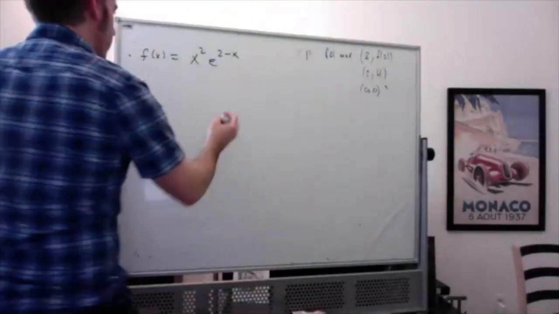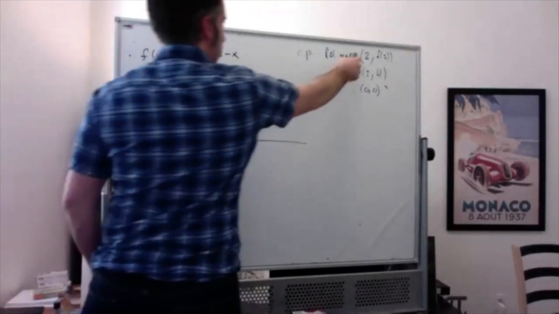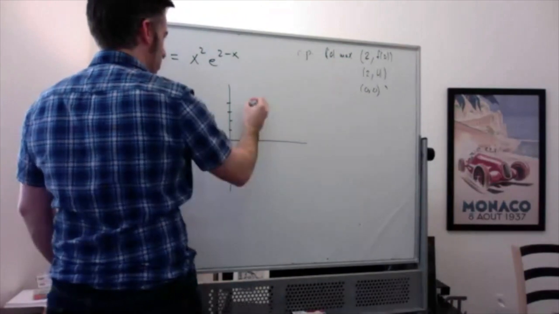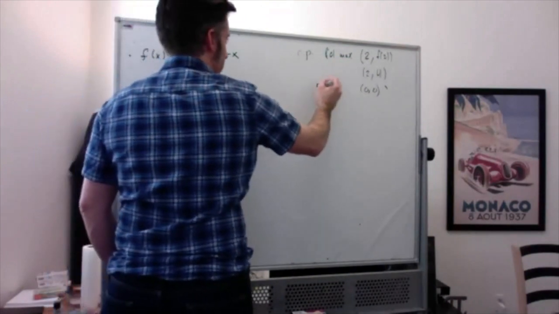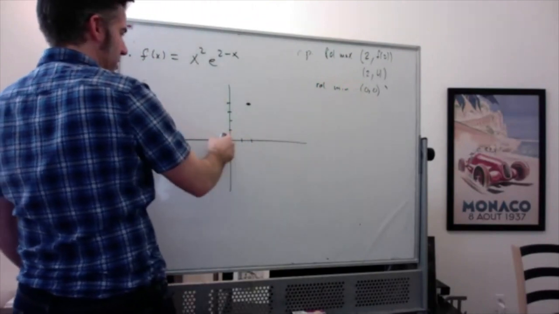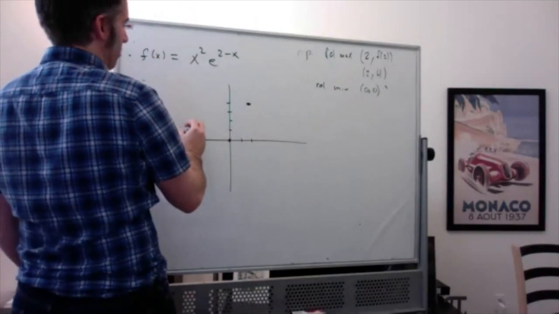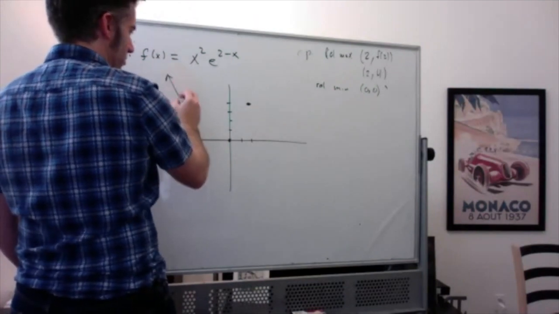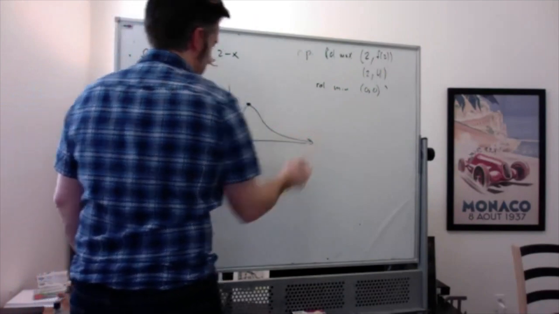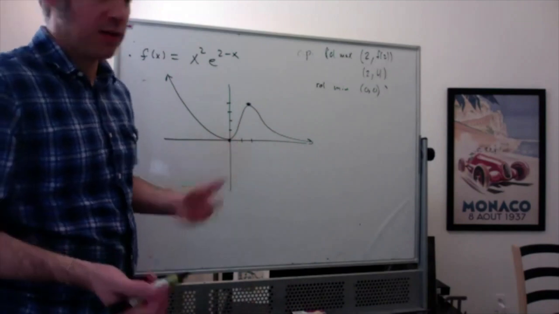So we had a relative maximum at 2, f of 2. We had a relative minimum at 0, 0. So we know it's decreasing, increasing, decreasing. And so I know I just drew the whole thing.